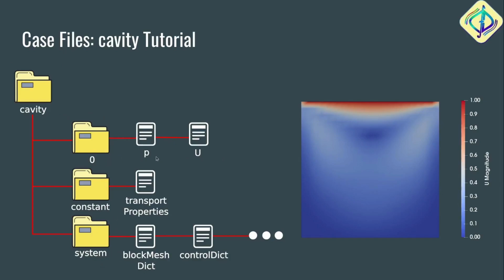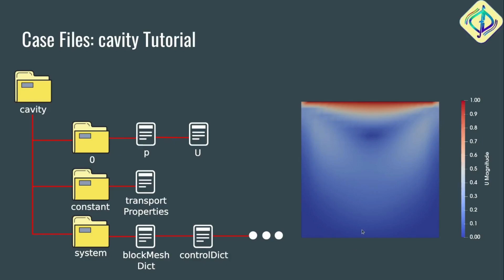The 0 folder contains all the boundary conditions. The constant folder contains all the physical and transport properties which remain constant during the simulation. And third was the system folder, which contains a couple of dictionaries: blockMeshDict for the meshing and geometry data, controlDict for the simulation controls, and some other dictionaries as well.